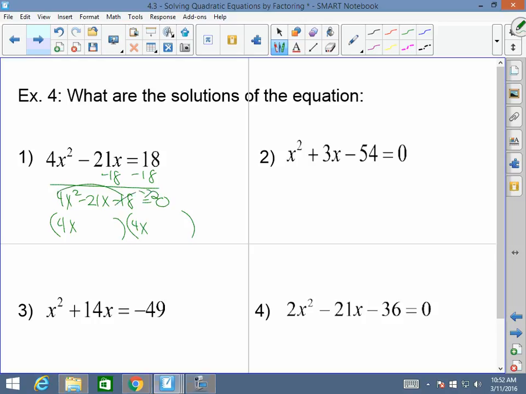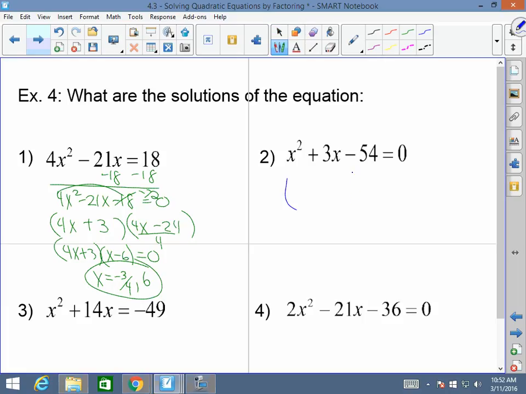So what times what is negative 72, but when added together is negative 21? It's positive 3 and negative 24. Imaginary factor, 4x plus 3 times x minus 6 equals 0. My roots or my solutions, my x-intercepts are negative 3/4 and positive 6.